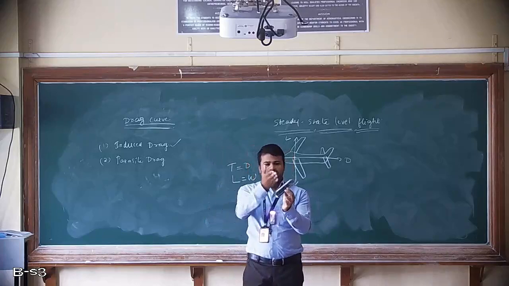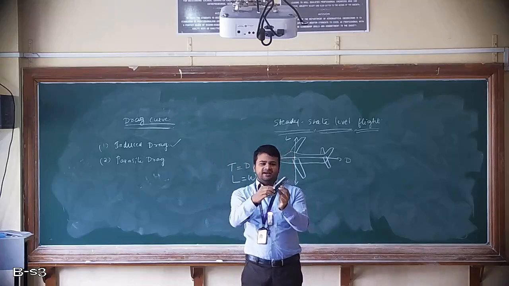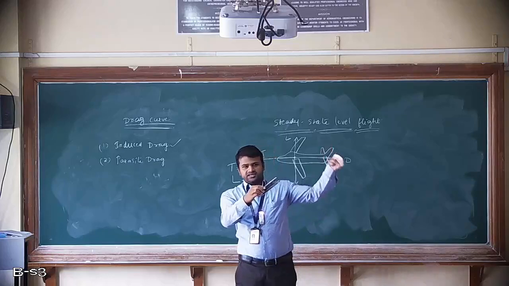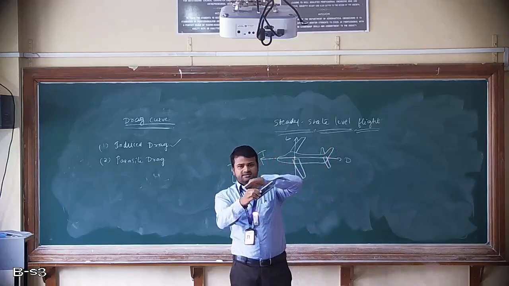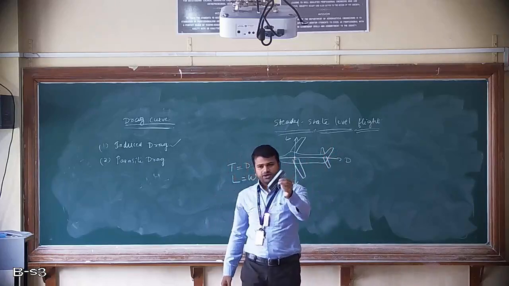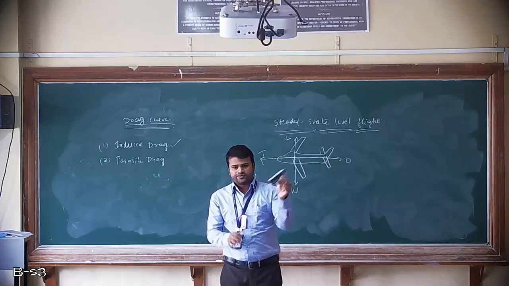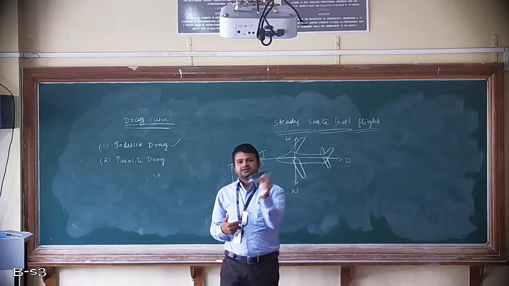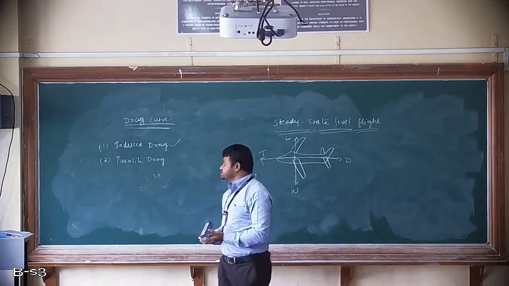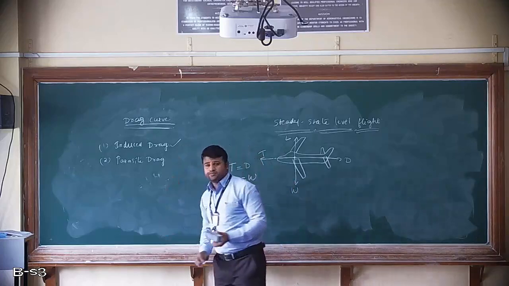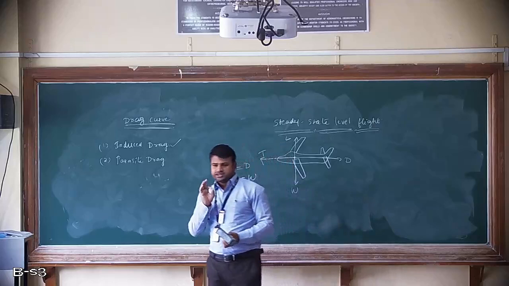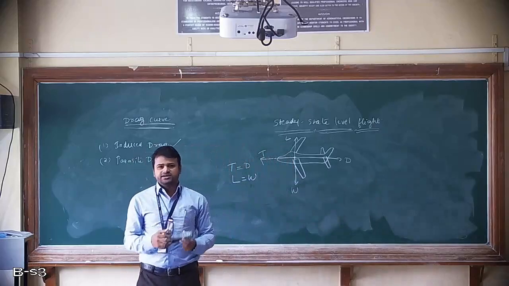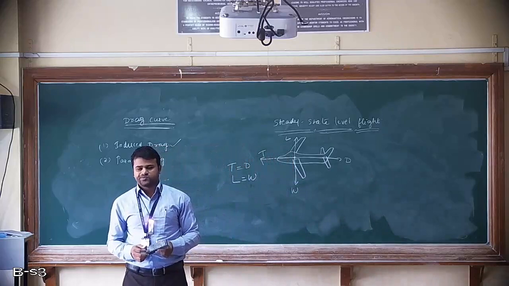Now the lift is generating this way and the angle of attack is increasing, so the air flowing will create drag. It will try to put your aircraft down, the aircraft is experiencing the drag, and that drag is called induced drag. In simple words, induced drag is nothing but the drag created due to the lift generation. That is one point.